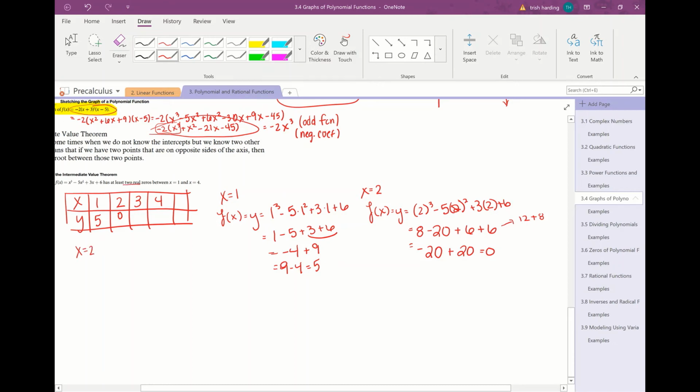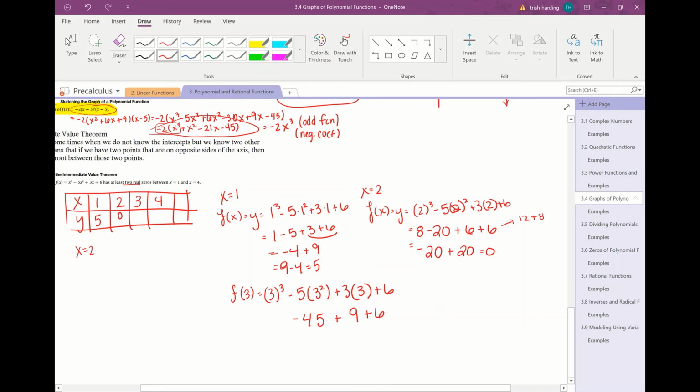Now it says we have 2. So let's try f of 3. And I may need my calculator for this one. Well, we know this is 9. 5 times 9 is 45, minus 45.